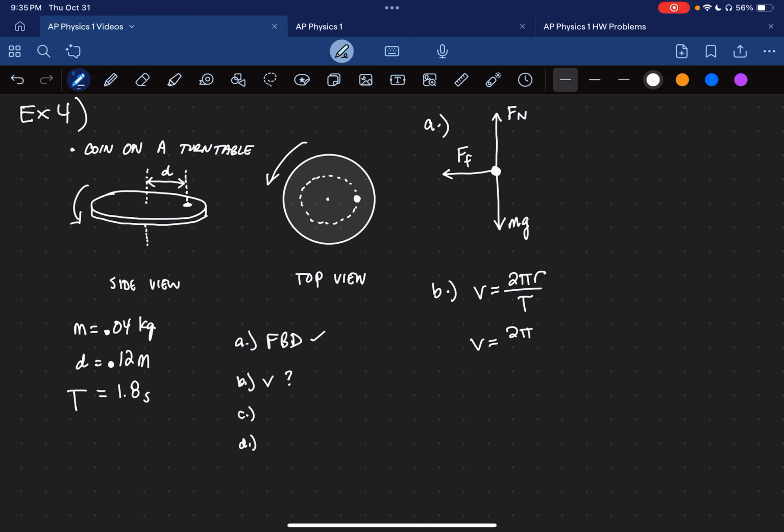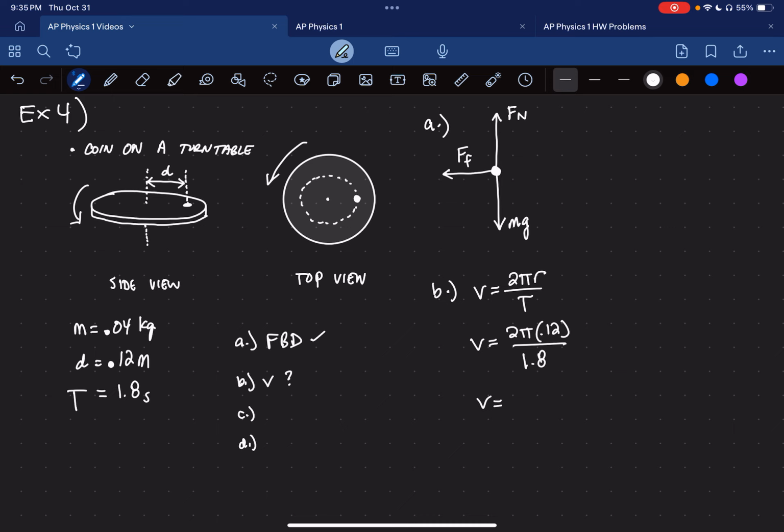Let's do part B, which is 2 pi r over period, 2 pi times the radius over the period 1.8 seconds, which of course I did not mention until now. And so let's calculate this. And of course, where is pi on this calculator?